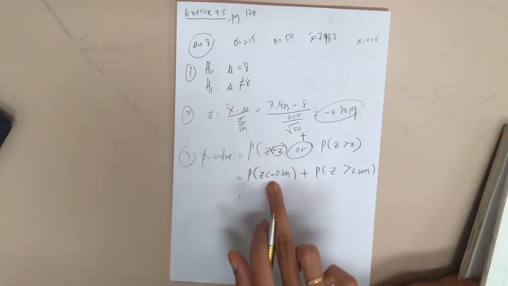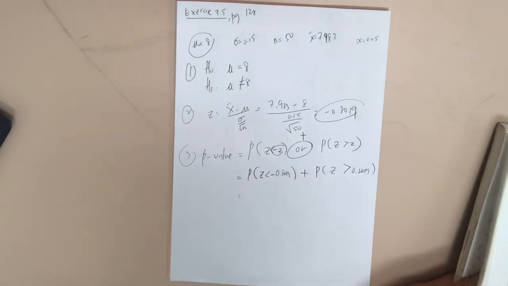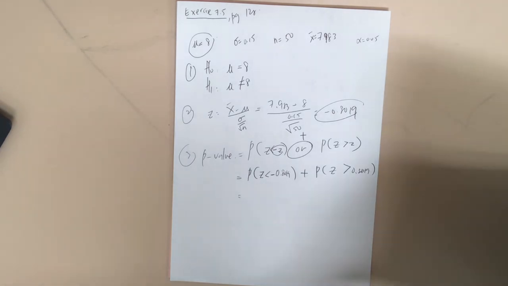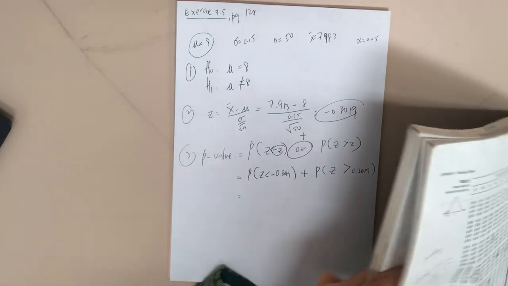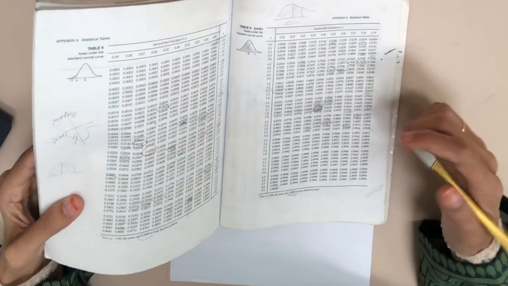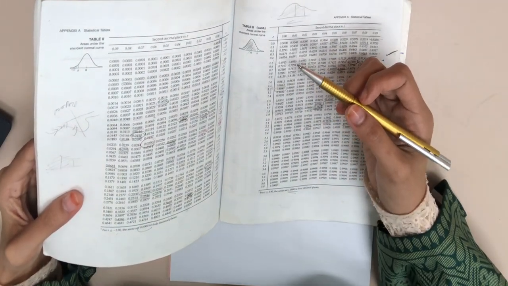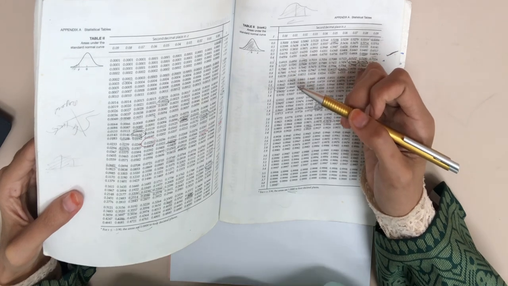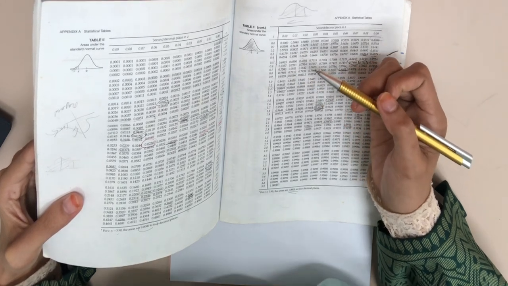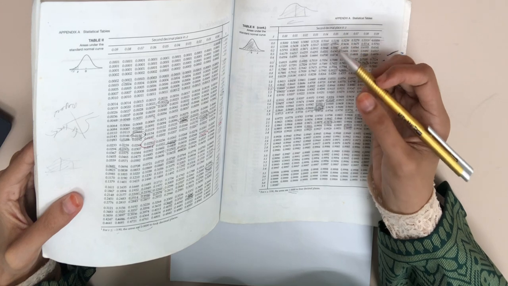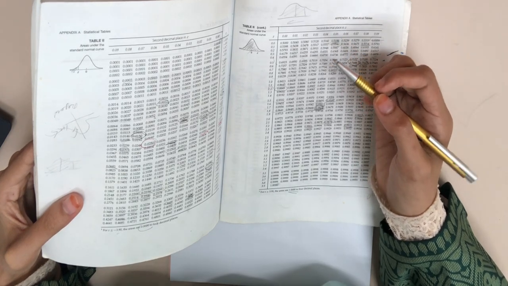Actually this is the standard normal table that we always use, but now we find it inside here. Here 0.8. So where is it?